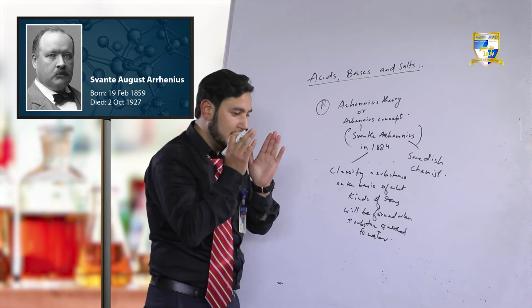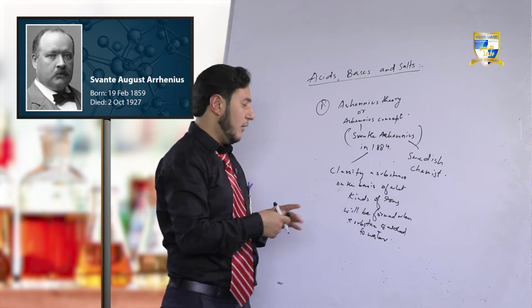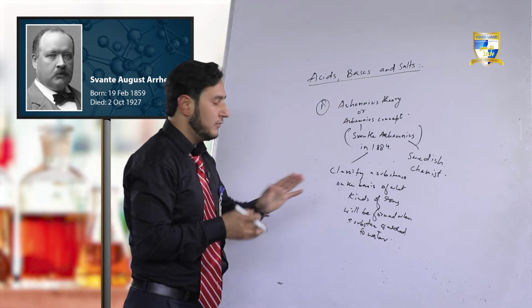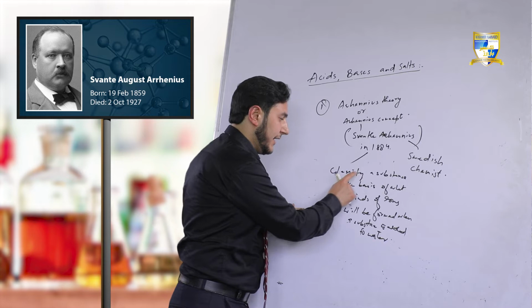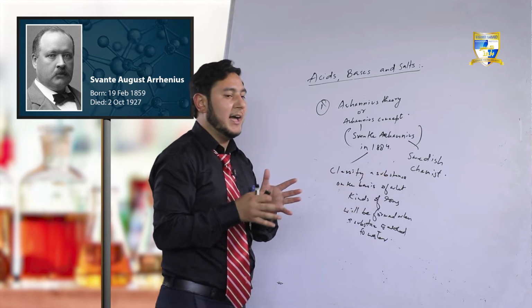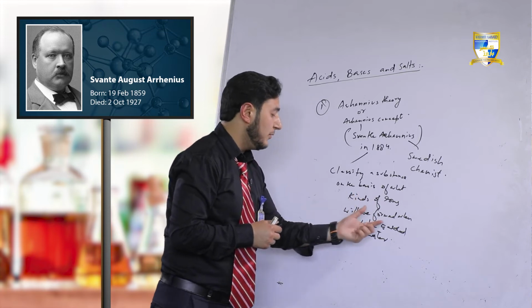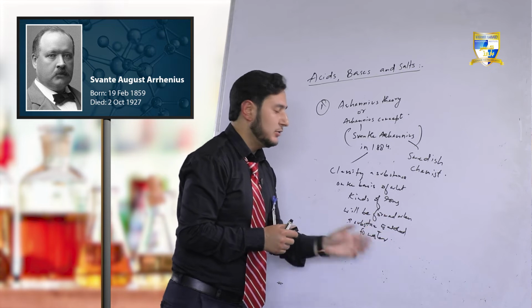This is the base that Arrhenius put forward while classifying a substance. He started classifying a substance on the basis of the ions that particular substance would form when added to water.